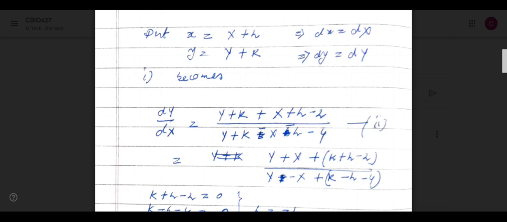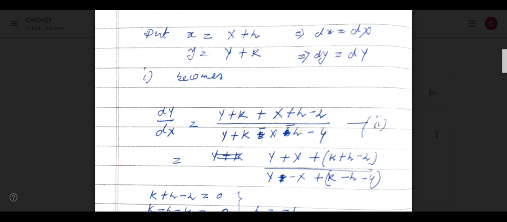When I explain, you will understand this. But first, let us consider this condition, case 1, a by a dash not equal to b by b dash. In that case, you have to put x equal to X plus h, y equal to Y plus k. The right side X and Y are capital. Then you differentiate: dx equal to dX, dy equal to dY.